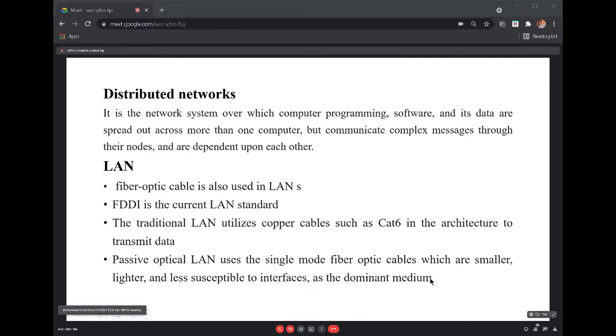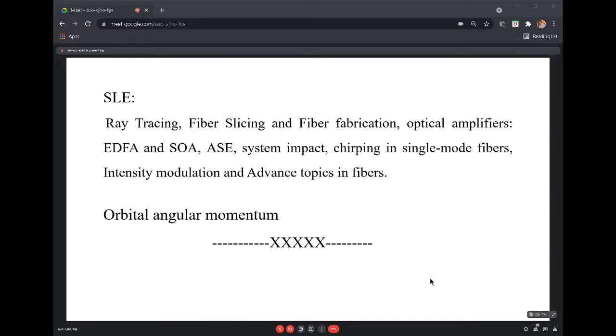I need not tell what a LAN is and other things, as you all know from computer networks. Next, I just wanted to say that the topics in the syllabus have been completed, and the SLA component given in your syllabus looks like this: ray tracing, fiber splicing, fiber fabrication, optical amplifiers, EDFA, erbium doped fiber amplifier, SOA, ASE, system impact, chirping in single mode fibers, intensity modulation, and advanced topics in fibers.